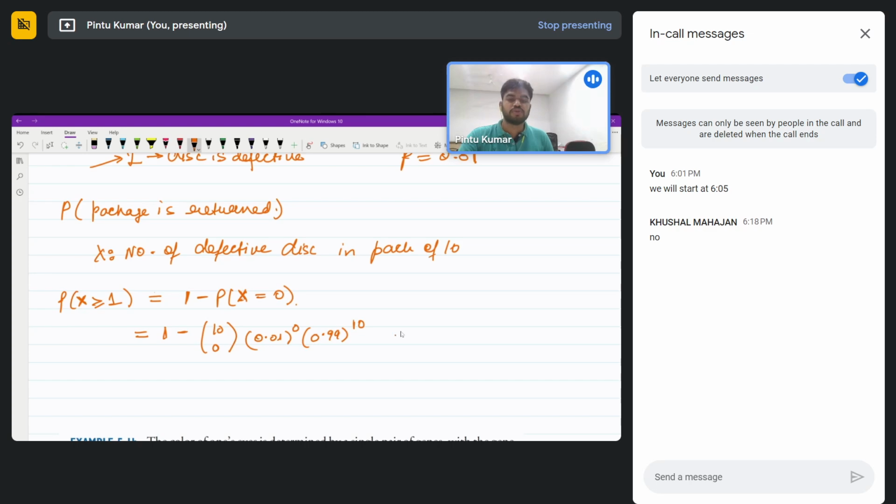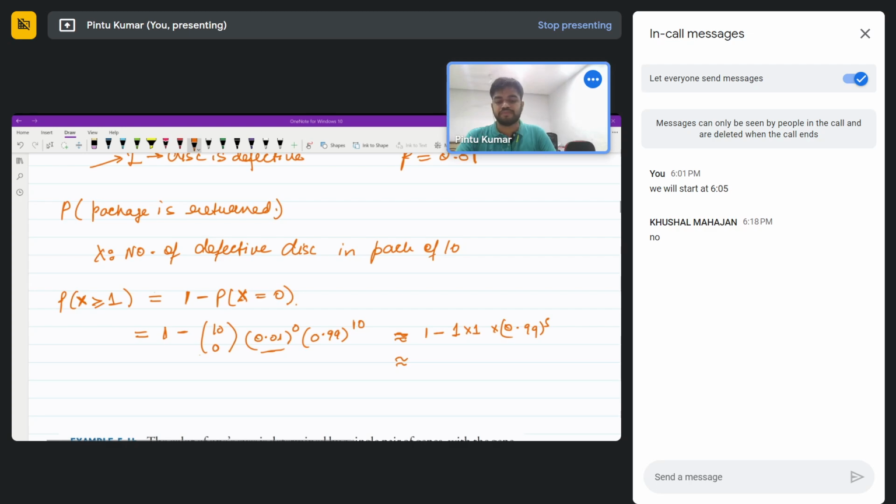What is this value approximately equal to? This first one is 0, sorry, 1. So this is 1 into, this would also be 1. And this would be 0.99 to the power 10. Okay, so this is what we have to calculate. You can just have a look what this value is.